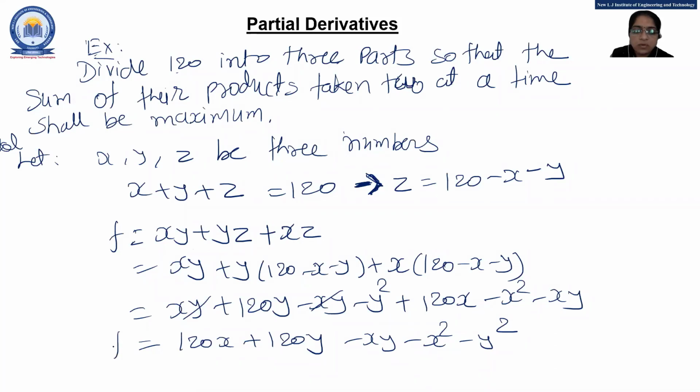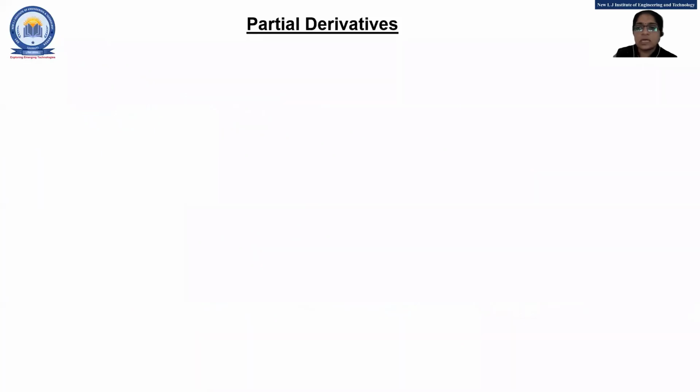So this is now our function after simplification with two variables only. Yes, Harshal, very good. Your answer is perfectly right. So this is our given function. So let's start with step 1, 2 and 3.